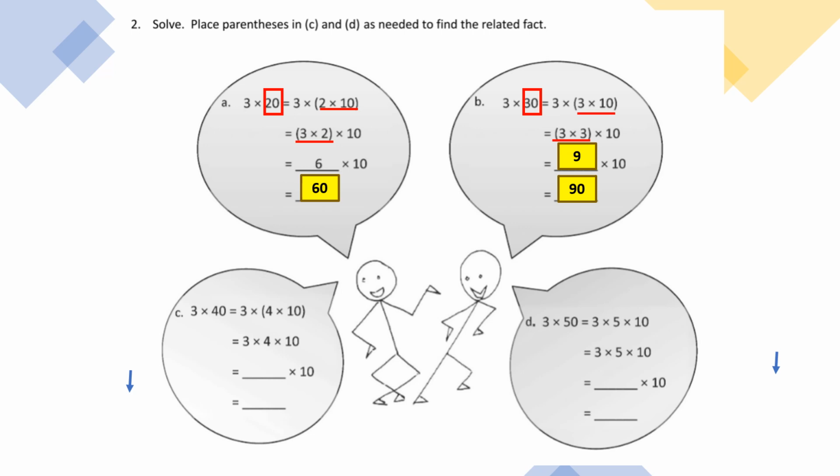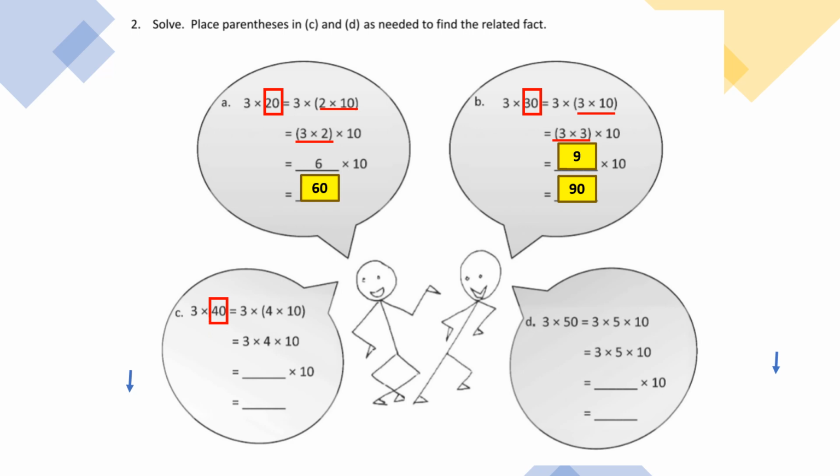Very good. Now, just as the instructions stated, for the information in bubble C, we're going to have to place our parentheses around the correct numbers to solve. And this is going to help us use the associative property. Okay, let's take a look at C. Now, the problem we're trying to solve in C is 3 times 40.